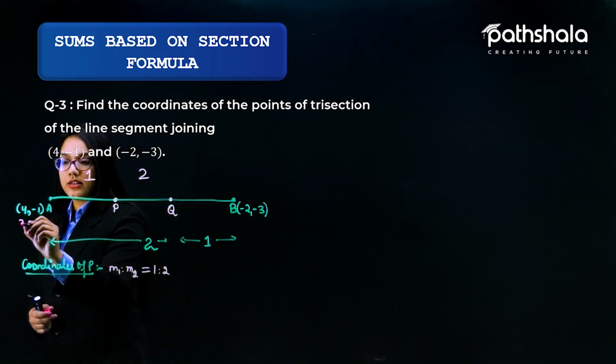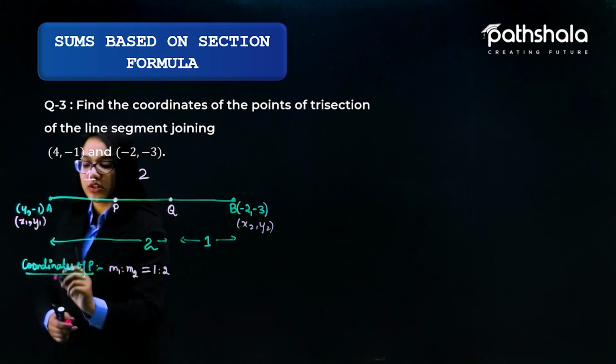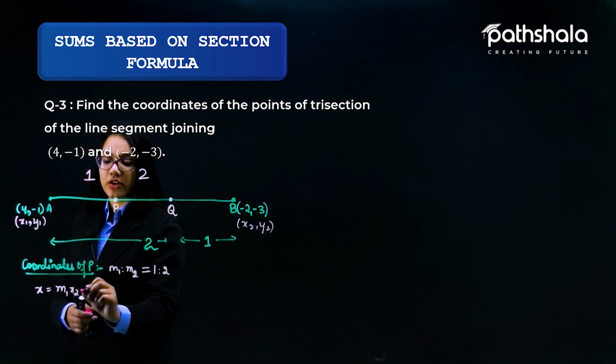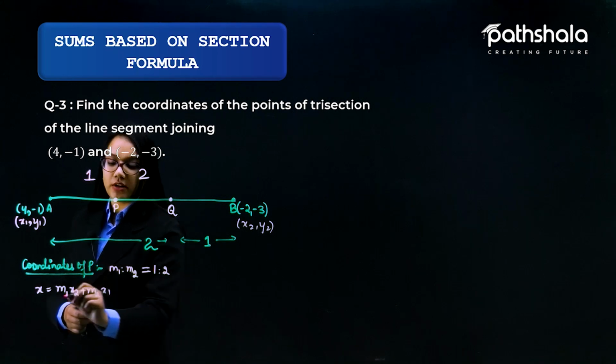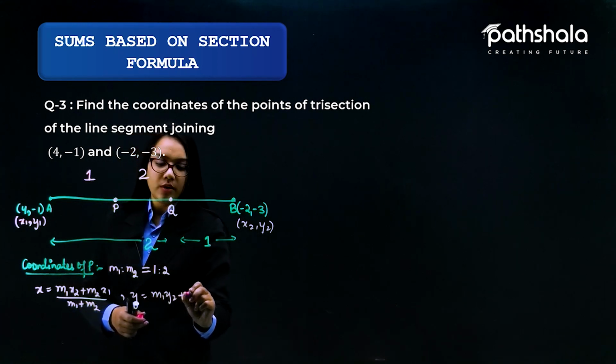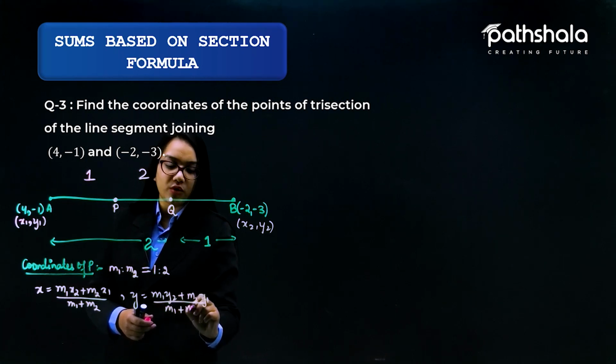We are taking these as x1, y1 and x2, y2. Using the section formula, x is equal to m1 x2 plus m2 x1 divided by m1 plus m2, and y is m1 y2 plus m2 y1 divided by m1 plus m2.